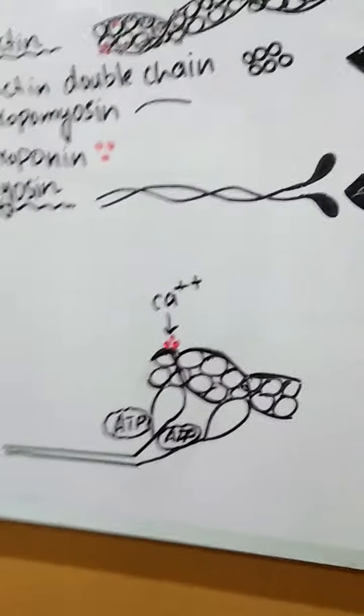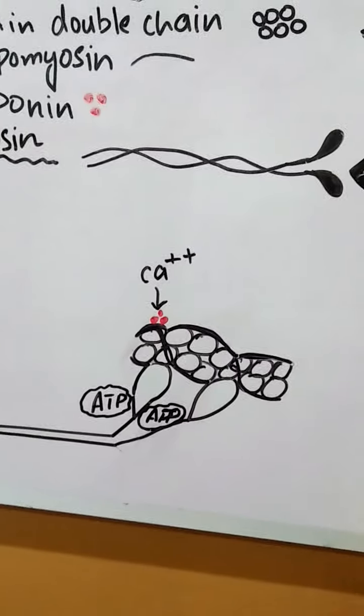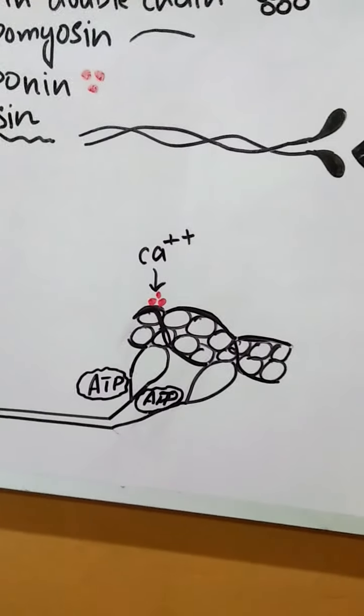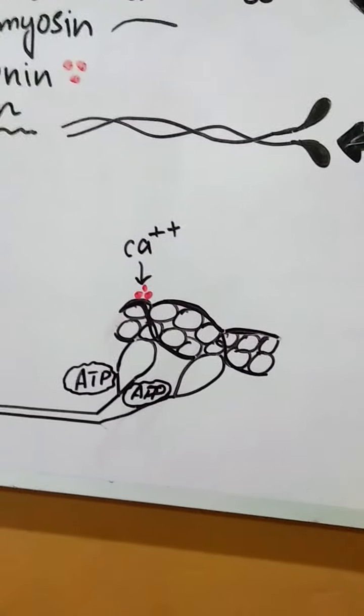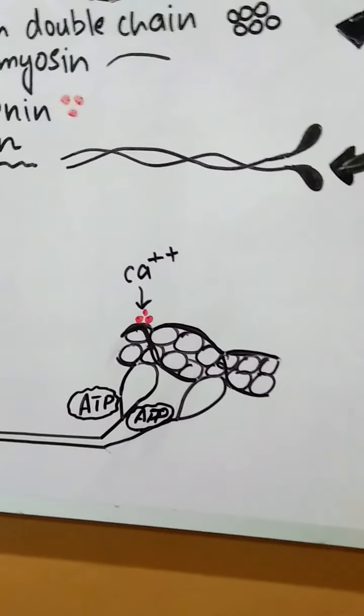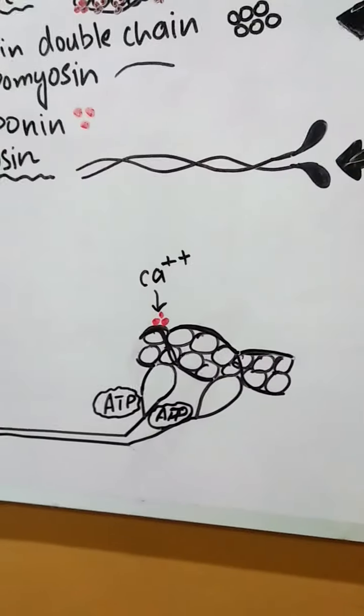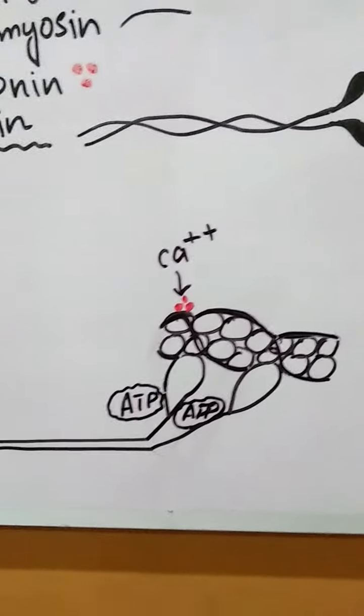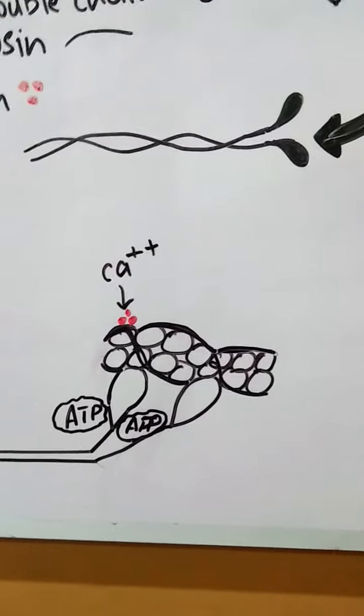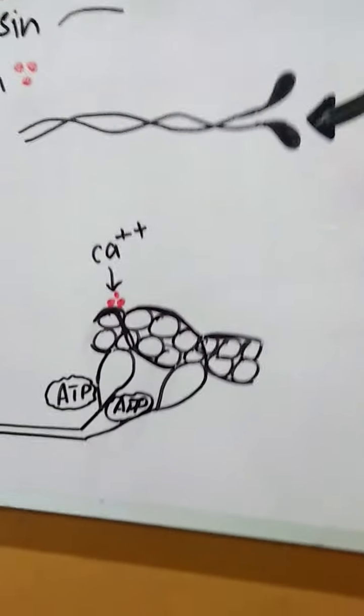So calcium bound with the troponin, troponin bound with tropomyosin, and when troponin bound with the tropomyosin, the tropomyosin which was covering actin will be displaced, and the actin beads will be exposed.